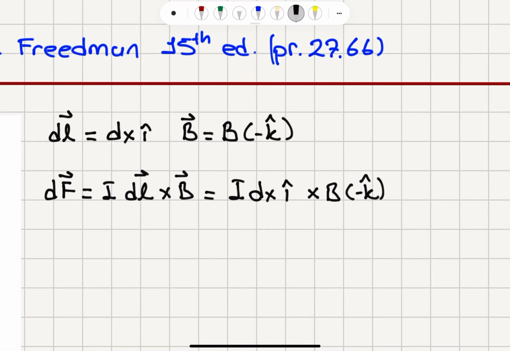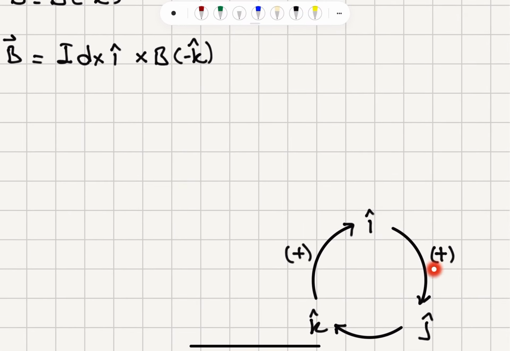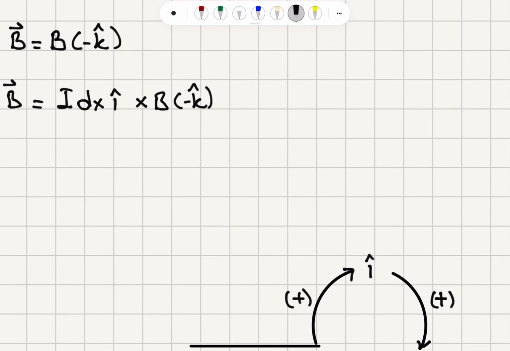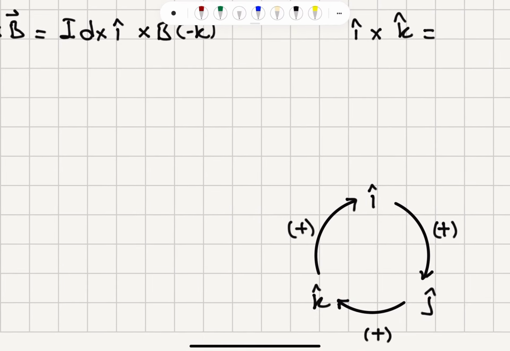So what is i hat cross k hat? You can see here, using cyclic permutations, i hat cross j hat is k hat, j hat cross k hat is i hat, k hat cross i hat is j hat. So if I write i hat cross k hat, because this is the positive direction, I'm going in the negative direction, that will give me a minus sign, so minus j hat.